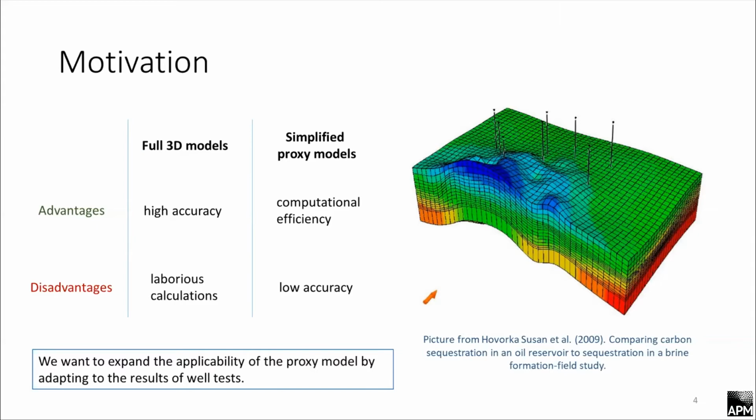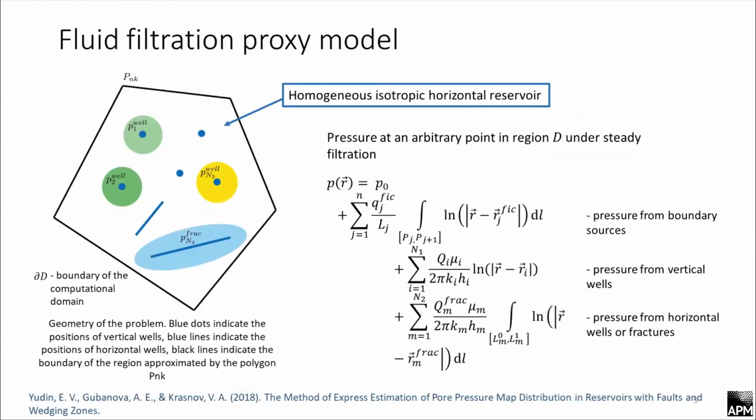They give pretty high computational efficiency, but they have lower accuracy than the full-physics models. So the aim of our work is to increase that accuracy by using additional information which we can get from the well test. So next slide, and here I will give you some idea of the model we are using in our work.